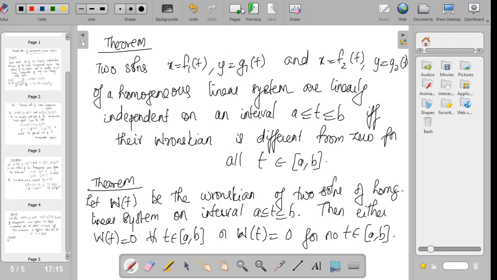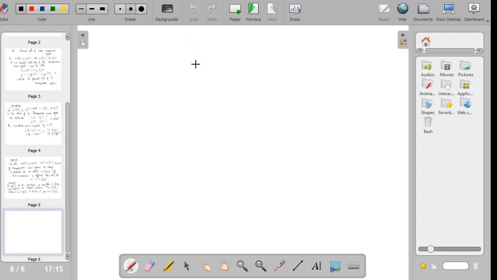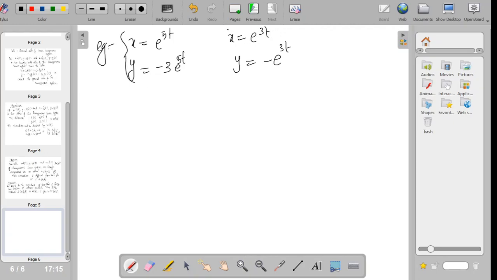So, let us see an example of finding the Wronskian. If you have the solution x equal to e raised to 5t and y equal to minus 3 e raised to 5t, and x equal to e raised to 3t, y equal to minus e raised to 3t. So this is the first pair f1 g1, and this is f2 g2. So W will be the determinant.